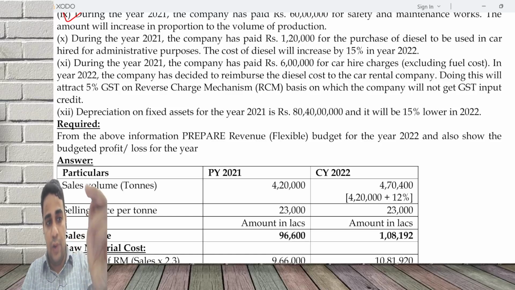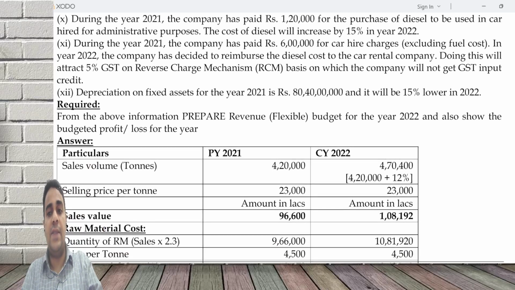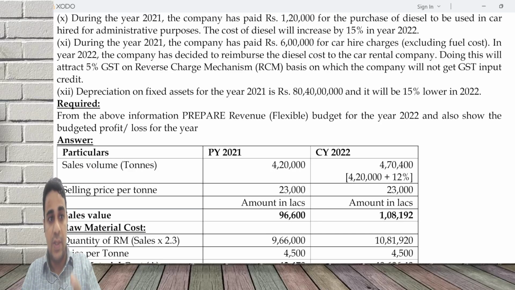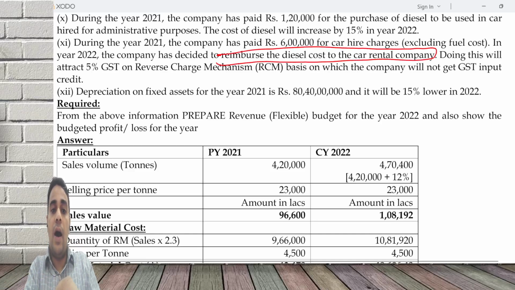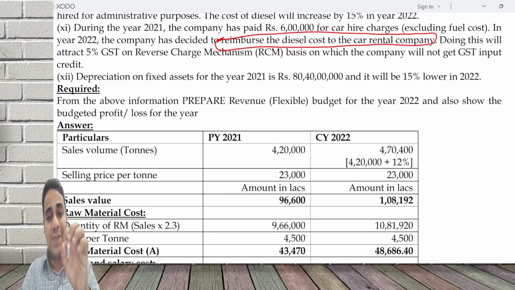The company has paid 6 lakh for car hire charges. In 2022, the company has decided to reimburse the diesel cost to the car rental company. Doing this will attract 5% GST on reverse charge mechanism, on which the company will not get any input credit.